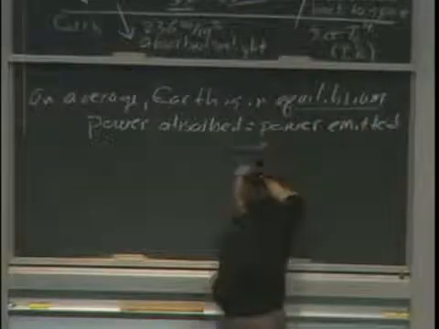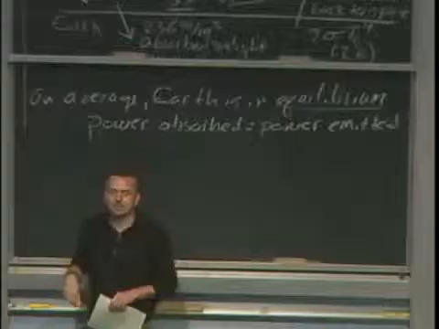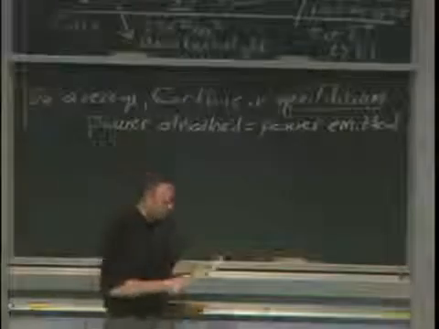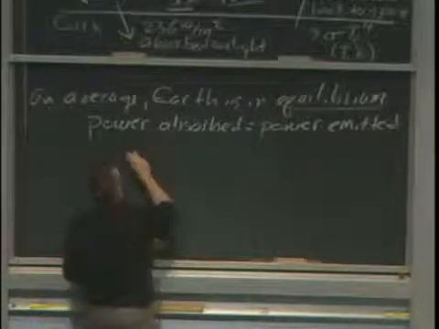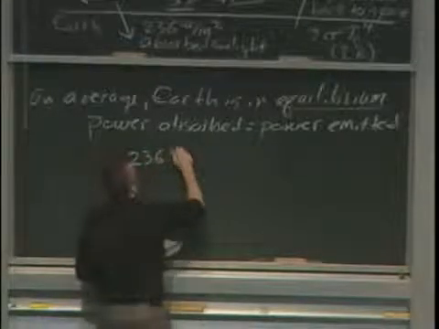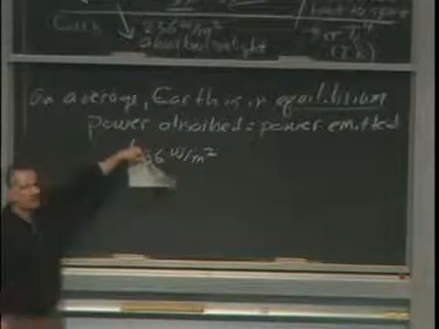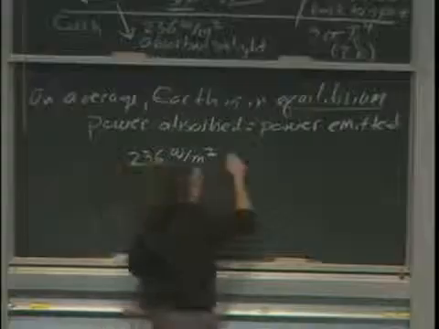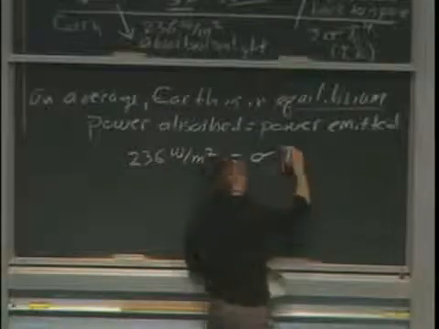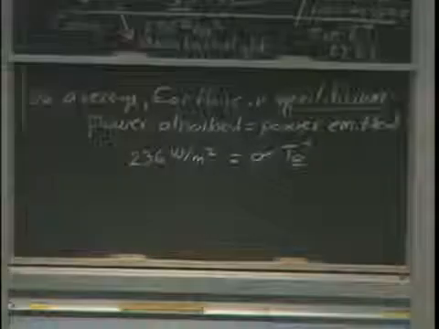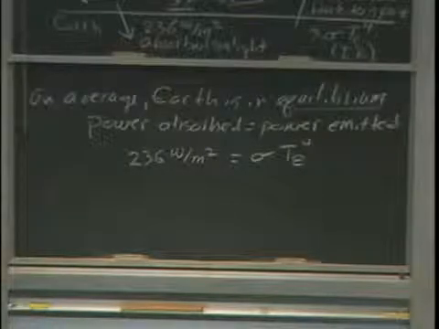So we can find what that radiation temperature is by setting the power in equal to the power out. That just means the power absorbed, 236 watts per meter squared, which is this left-hand side over here, has to equal the Stefan-Boltzmann constant times the temperature of the Earth to the fourth power, so the average temperature of the Earth to the fourth power.